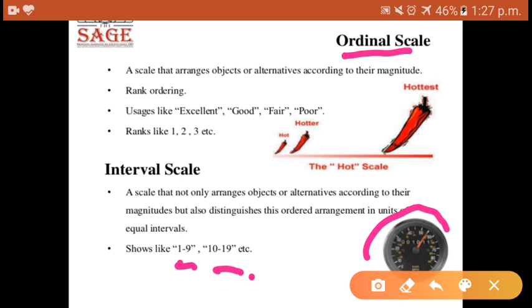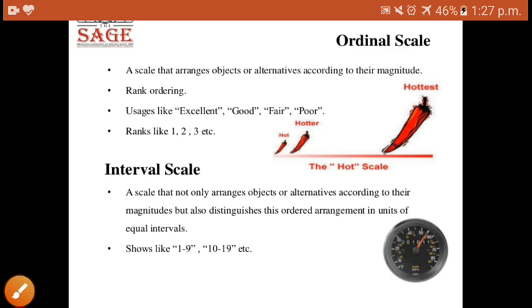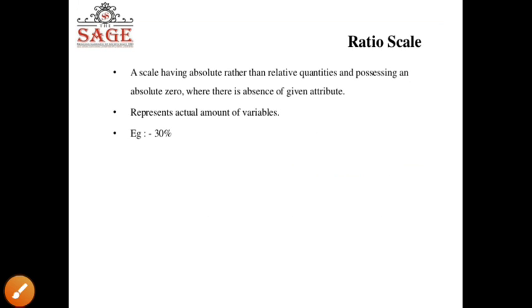When we are trying to put our data into such kind of specification, then that data scaling is called interval scale. I hope it is clear to all of you, dear students, and all these things are very important in research. Why are they important? Because unless you arrange your data in a proper systematized manner, you won't be able to go to the next step, and your next step is hypothesis testing.